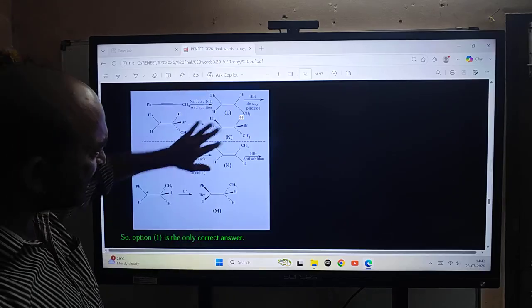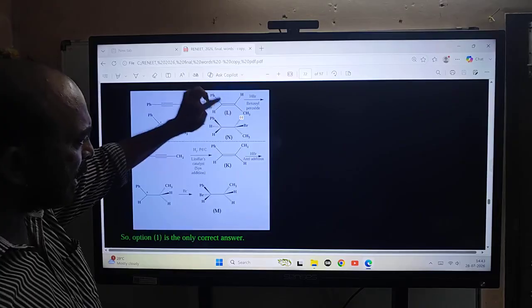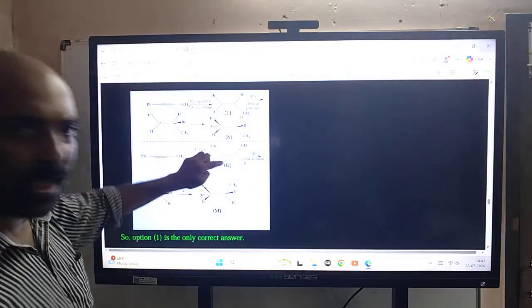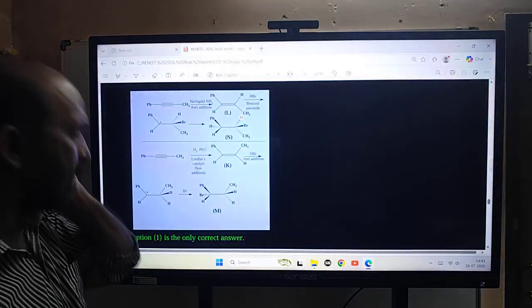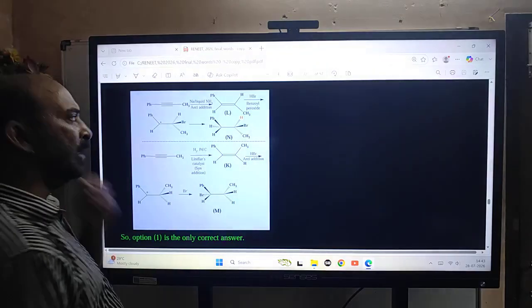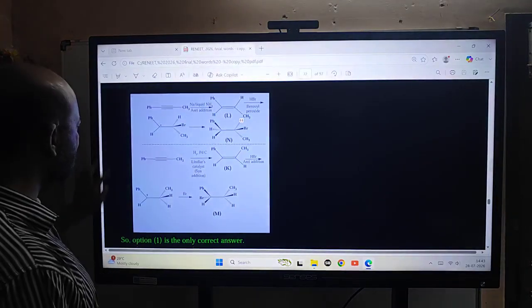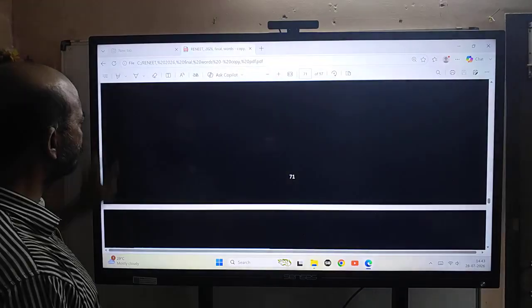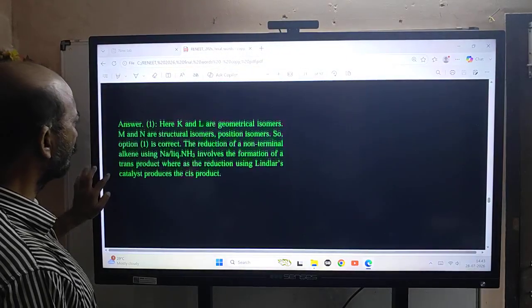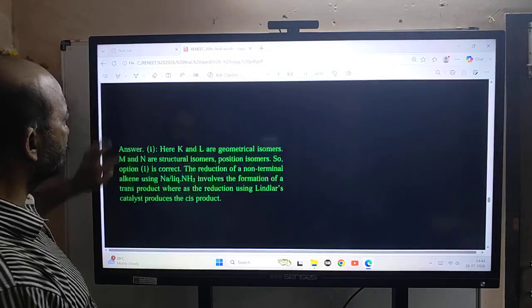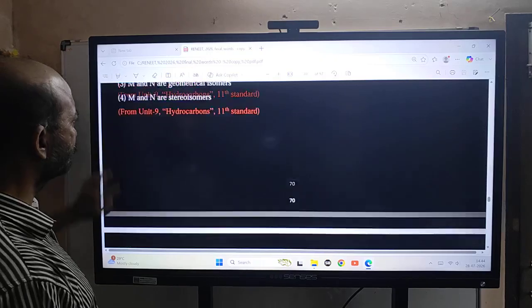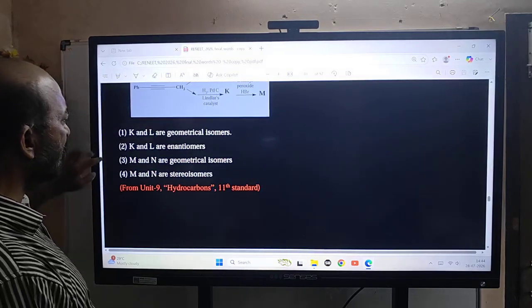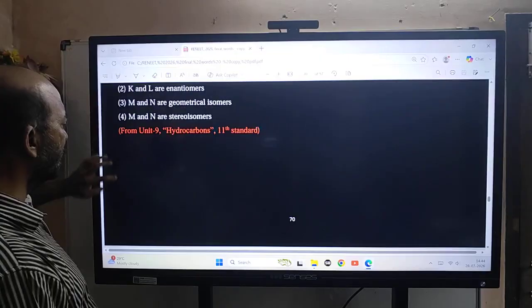Now the statements are regarding L, N, K and M. You will check one by one. What is the first statement? K and L are geometrical isomers.